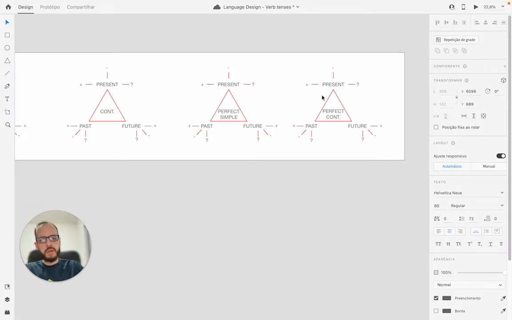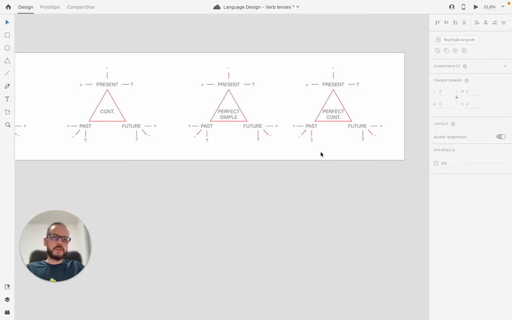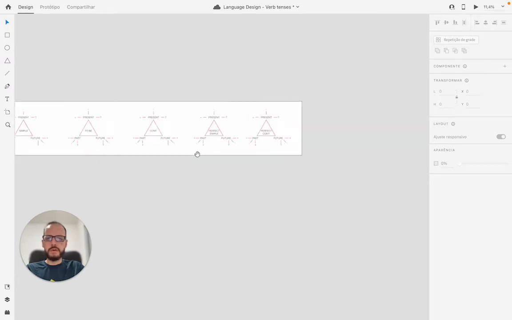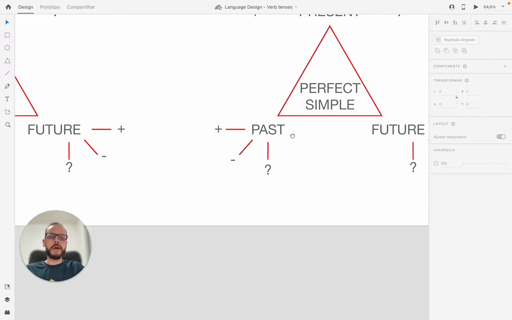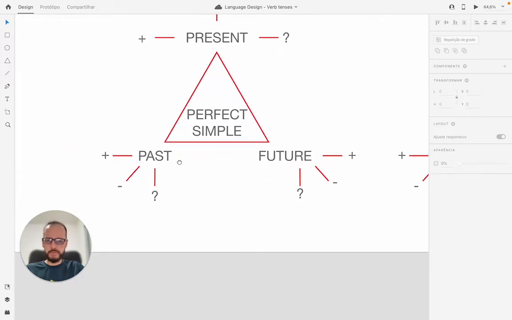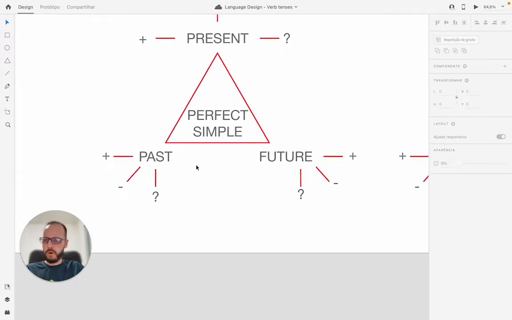And for that we understand that there is a pattern going on here. It doesn't matter if I'm talking about the simple, continuous, verb to be, perfect simple, or perfect continuous, I'm always going to have a past, a present, and a future, and my sentences will always be possible to make in the affirmative, negative, and interrogative.